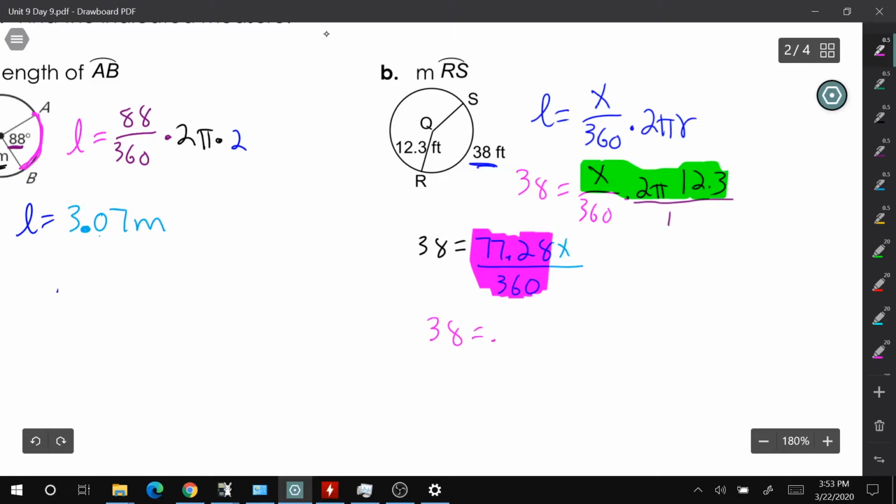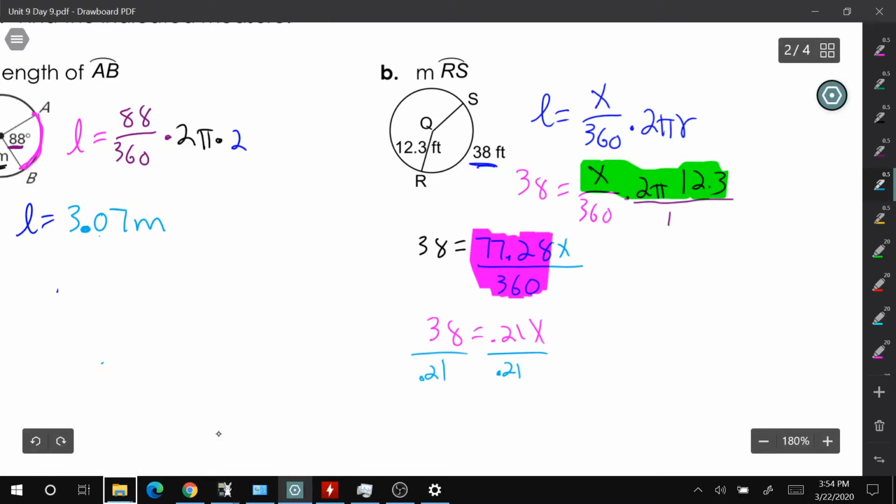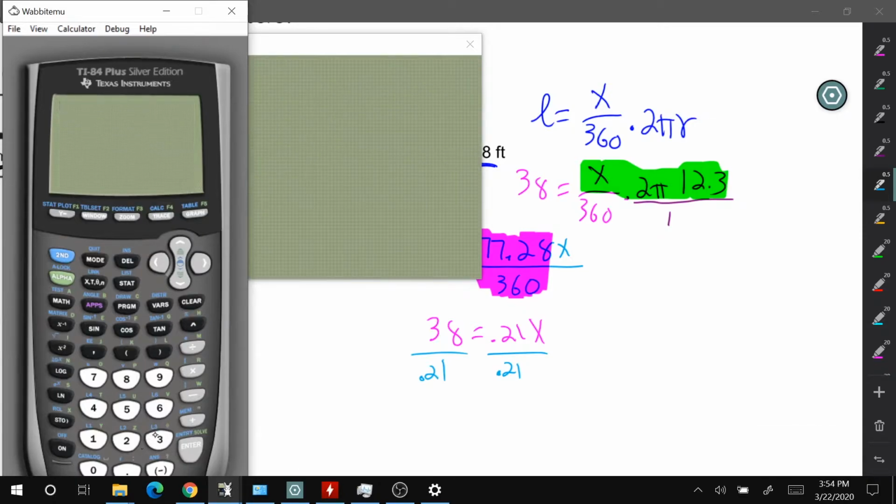38 equals 0.21x. Well, then from here, just divide both sides by 0.21. So 38 divided by 0.21, and we get 180.95.